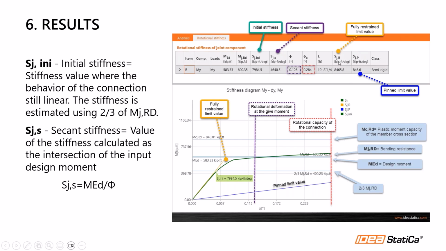So this is the fully restrained limit value. You can see the yellow line I am marking here, the fully restrained limit value, and then the pin limit value. These two are calculated from the AISC formulas. Finally, we get the classification of this connection. If it's between these two limits, then we have a semi-rigid connection, okay?